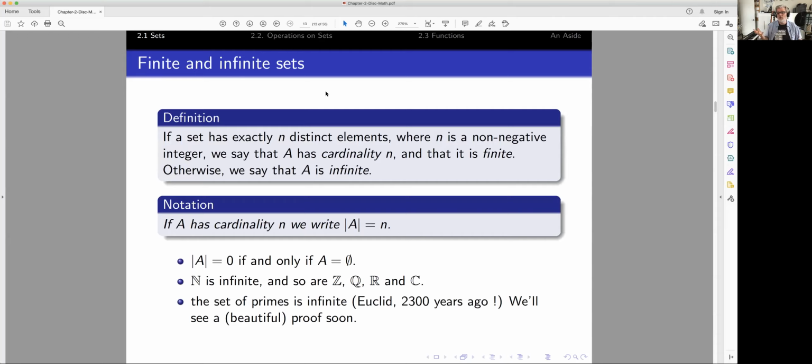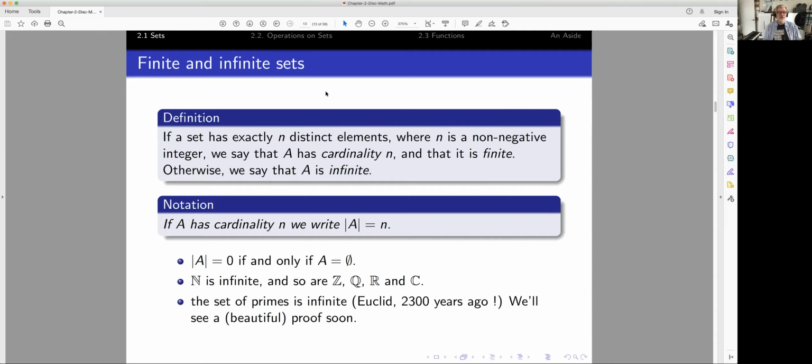In other words, that's the number of elements in A. And in this case, we say that it is finite. So that's what a finite set is. If you count the elements, it has a certain non-negative number of elements. If this is not the case, so all the other sets, then we say that they are infinite. Okay, so non-finite in a sense.